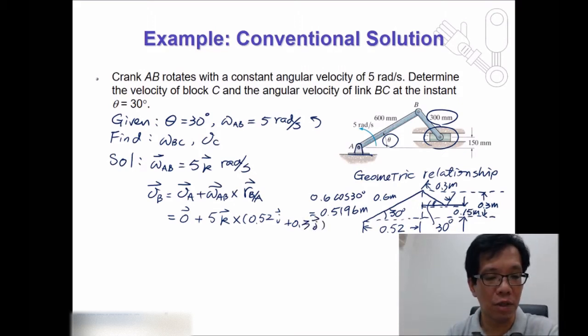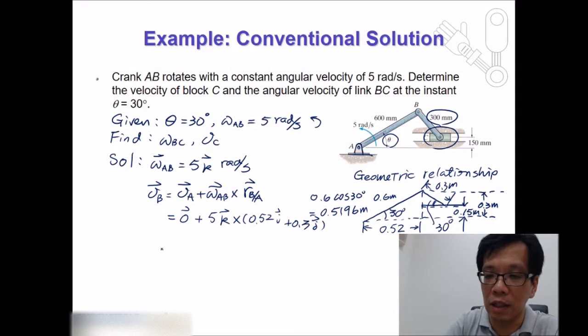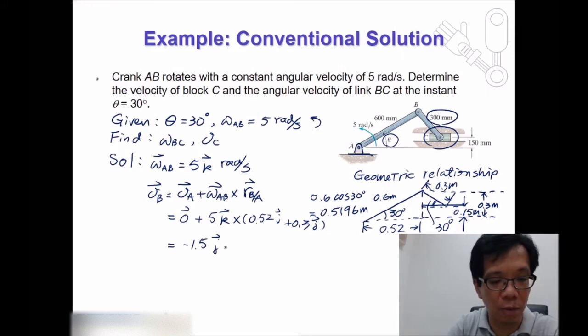Okay, so with those information, it is straightforward for us to figure out the velocity is actually negative 1.5 J plus 2.6.